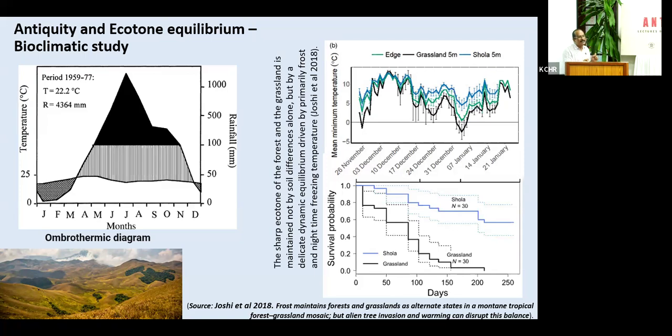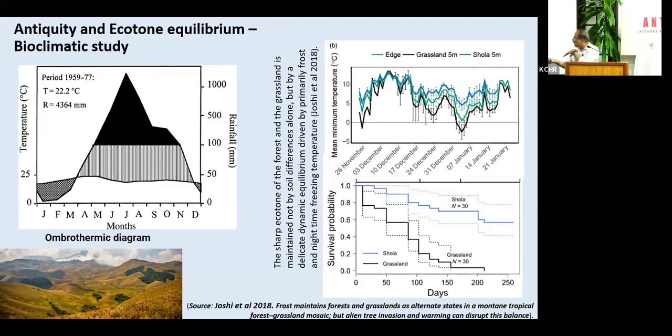And what he found is that, in the winter night, taking the minimum temperature on a particular day, the temperature drops by 4 to 5 degrees compared to the Shola. The thermometers start from the Shola and end up in the grassland, on either side some 10 meters or 5 meters, I don't remember exactly.